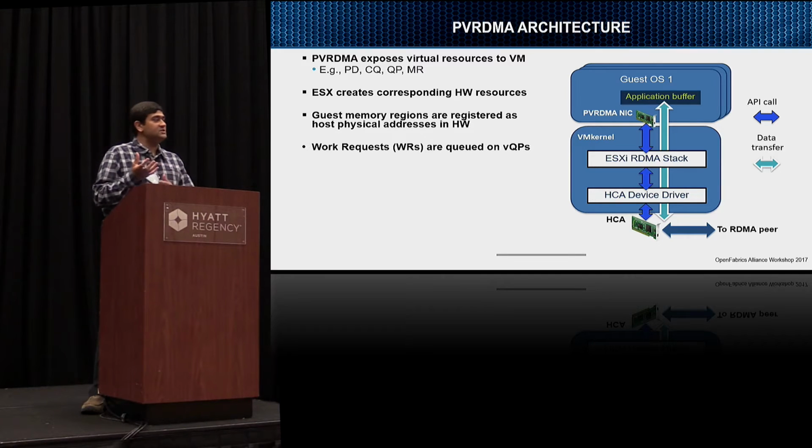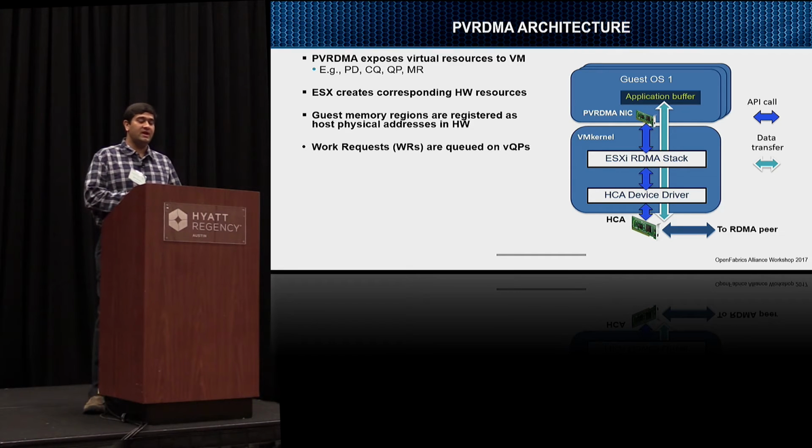Since we expose these virtualized resources like queue pairs to the virtual machines, the application is able to enqueue any work request that it has. The work request describes the RDMA operation that it wants to do and the size of the operation.